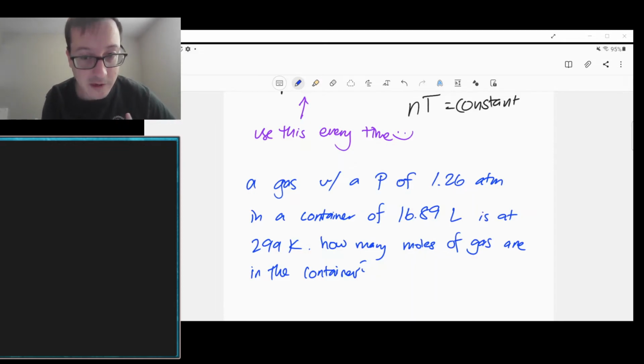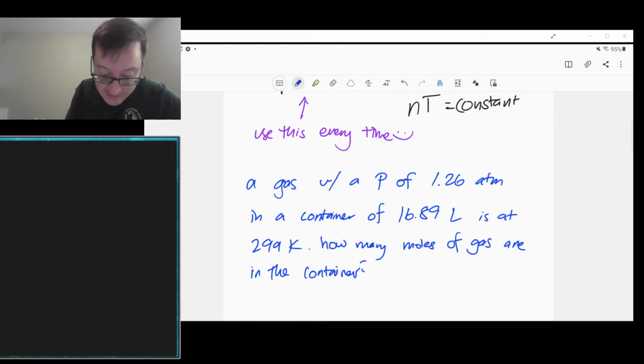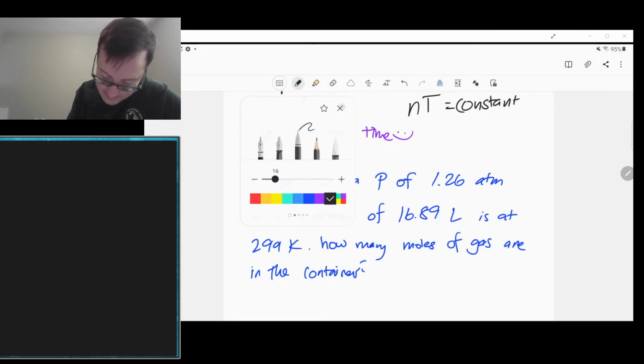It doesn't matter what your gas is. If this is methane, if this is carbon dioxide, if this is oxygen gas, if it's hydrogen gas, xenon, sulfur hexafluoride. Choose your favorite gas. It doesn't really matter. We'll see it matters when we're talking about grams of gas or density of gas. Those things will matter, but for just something like this, the moles, it doesn't matter what the identity of the gas is.